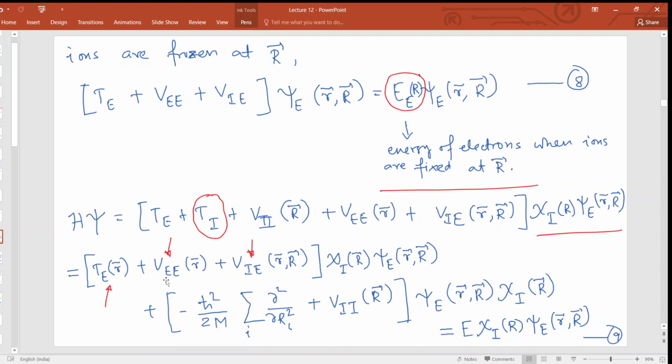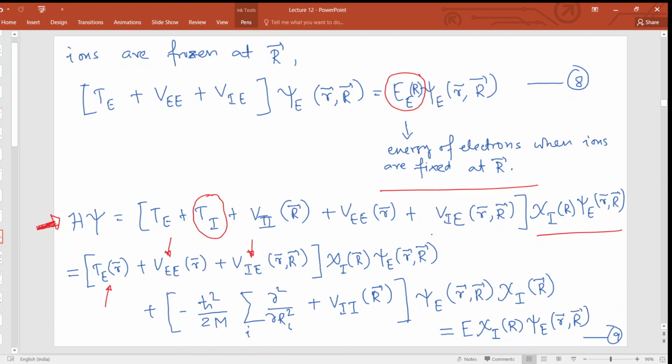So here at the bottom you can see this is the complete Schrodinger equation, and on the top you have the same equation when the ions are frozen, that means there is no ionic motion. So equation 8 tells about only the motion of the electrons.